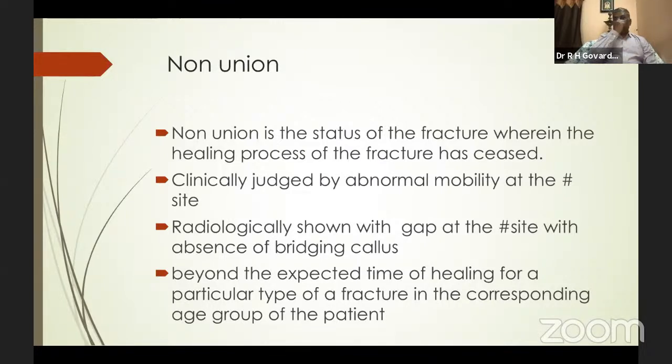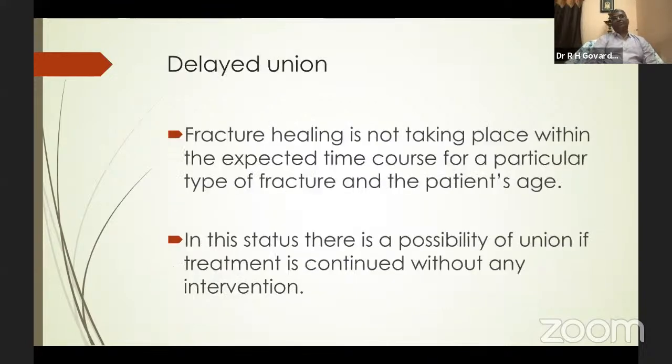For example, a fractured tibia in a child will heal within 6 to 8 weeks, whereas in an adult it takes about 3 to 4.5 months. So this is an arbitrary time which varies in the various age groups. So when you are defining a non-union, you have to tell the age group as well as the type of the bone which is involved.